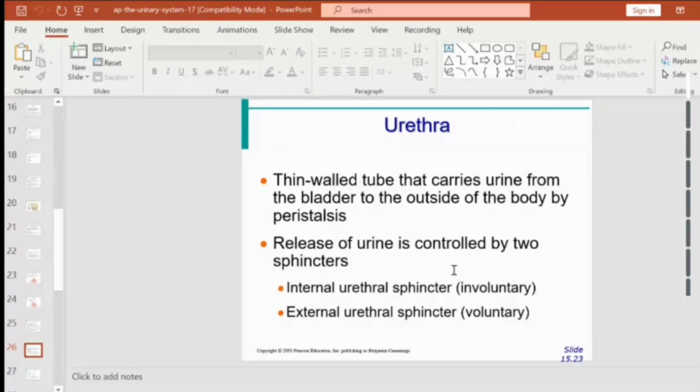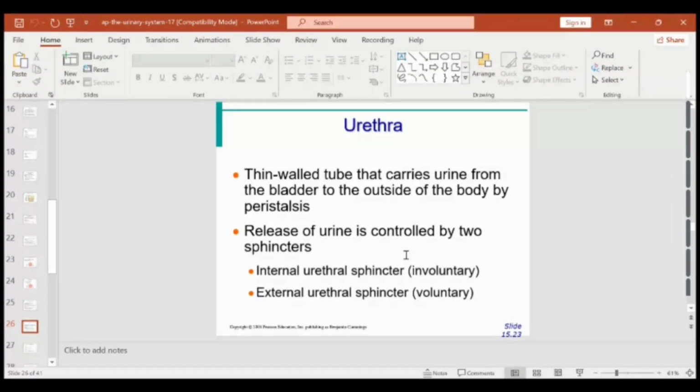The urethra is just a very thin wall, and it carries the urine from the bladder to the outside. And we have 2 sphincters here. You remember in our previous class, we said that the lower 1/3 of the vagina is made up of skeletal muscles. Those skeletal muscles form the pelvic floor muscles, sometimes called the external urethral sphincter.